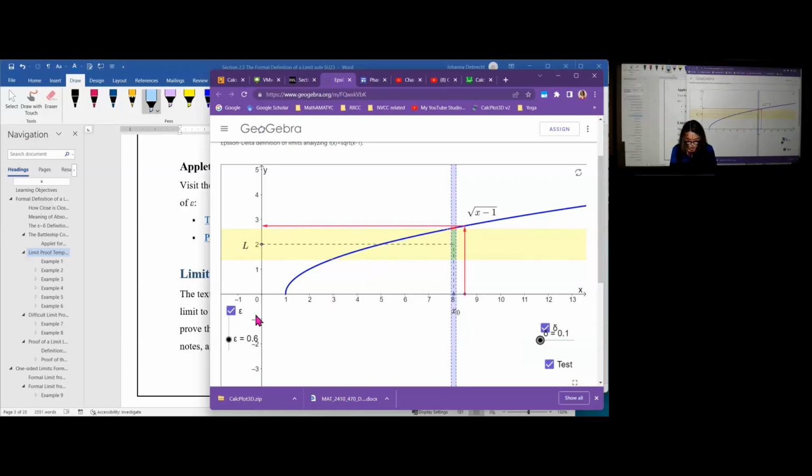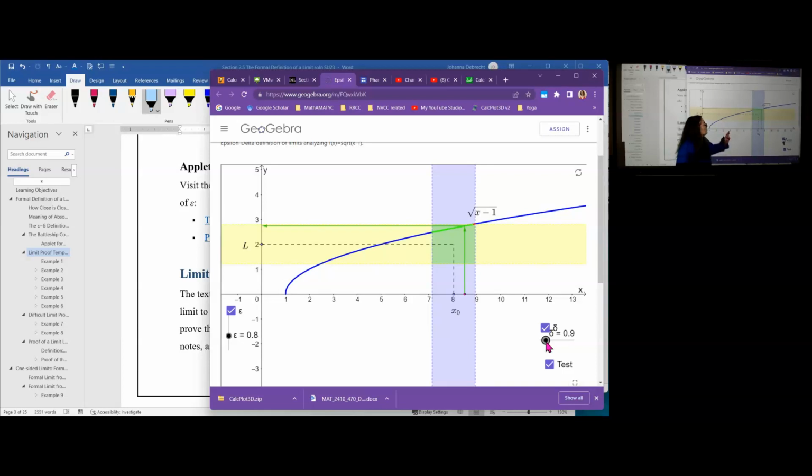Let's try widening our epsilon. See if we can get it to fit. Now I can do it. This delta works, that delta works, that delta works, that delta works, but that delta does not.